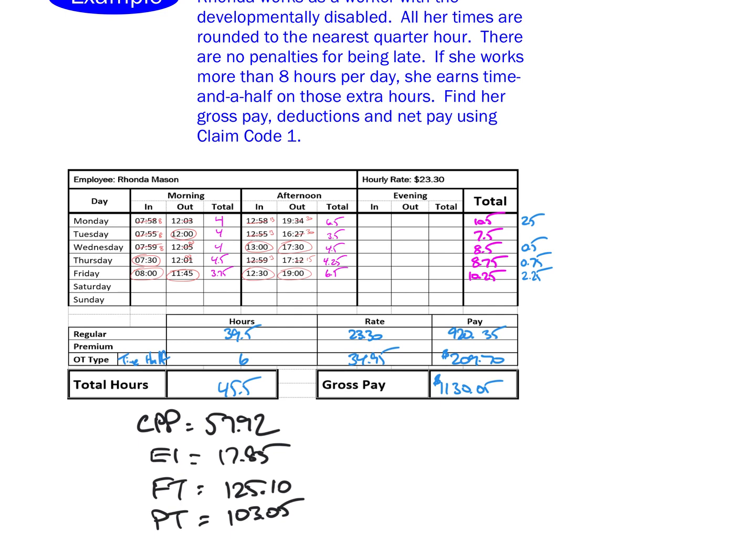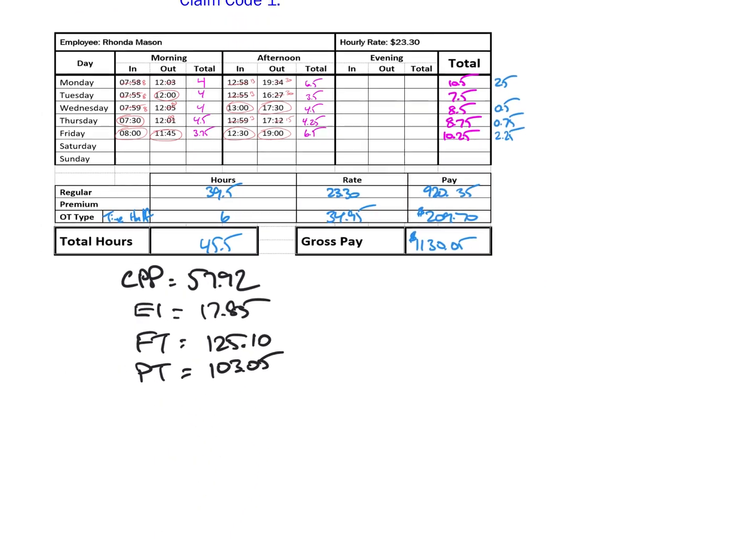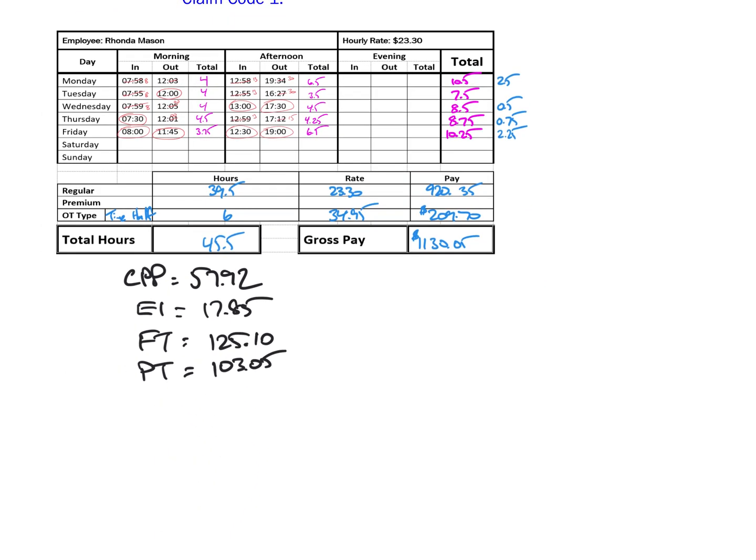So now we are going to go ahead and add up the deductions, and the sum is $303.92.